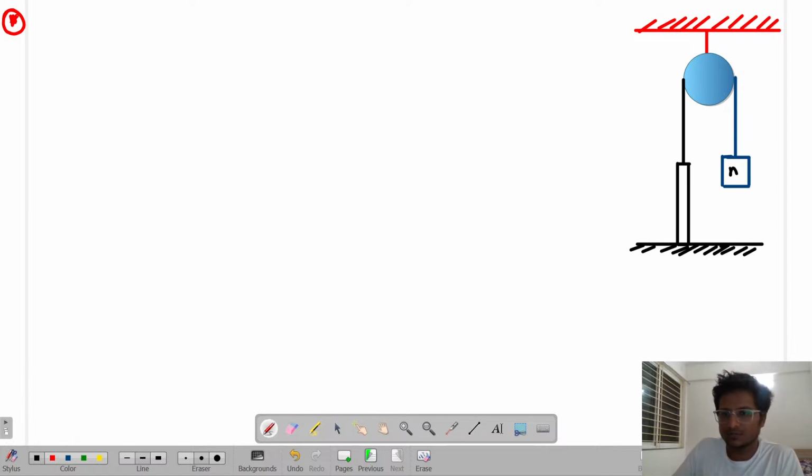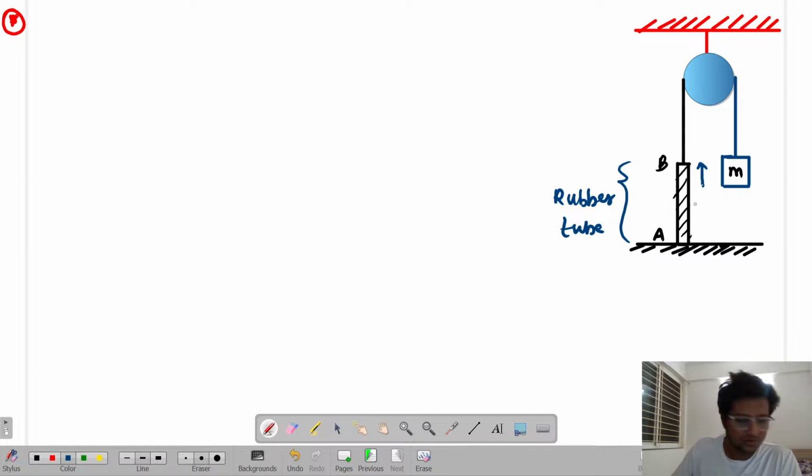This is mass M, this is A, and this is B. This is a rubber tube, and the length of this rubber tube is given to you. It is 12.0 meter long.